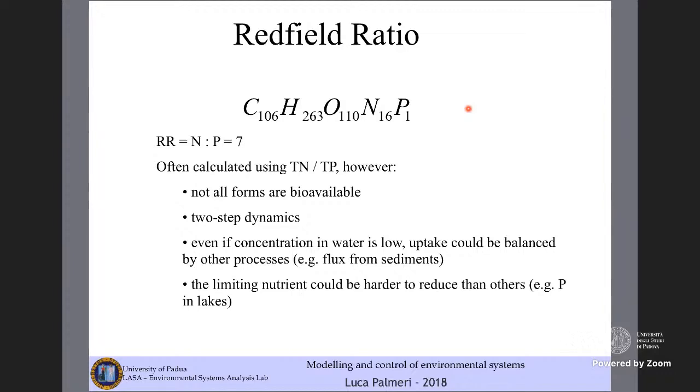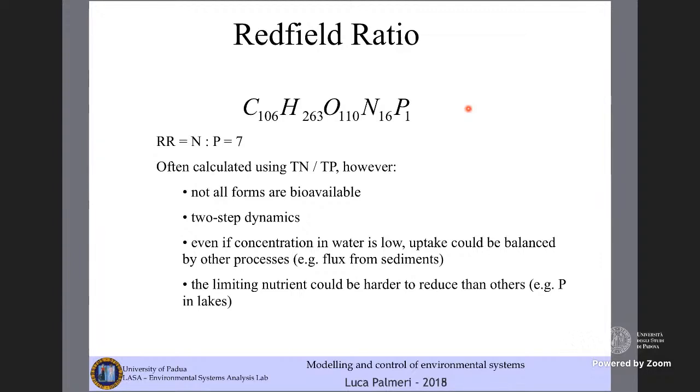And then we may also understand that there may be processes like the two-step dynamics, in which there are some hidden sources of nutrients, like luxury uptake, that may change the nutrient limitation effect.